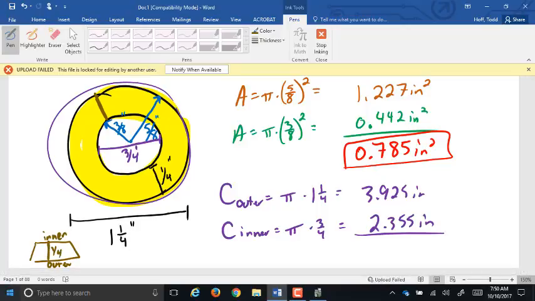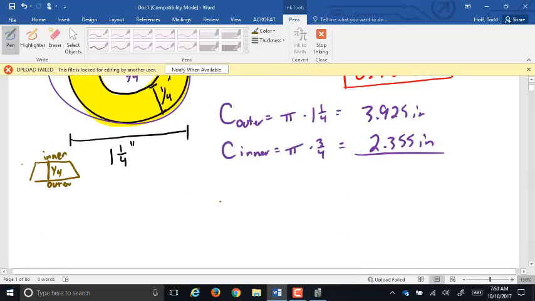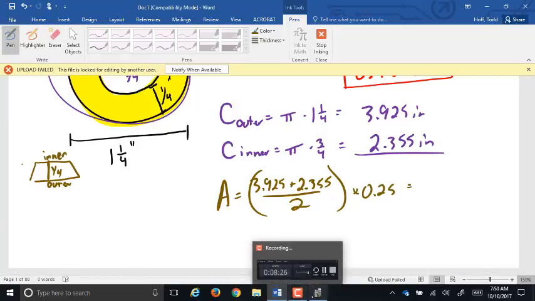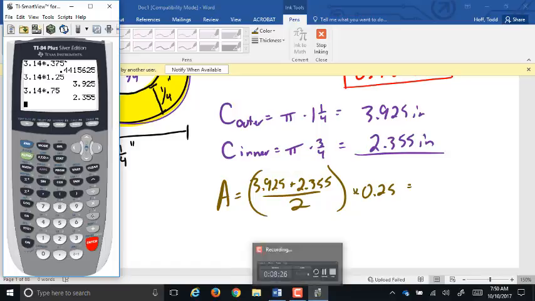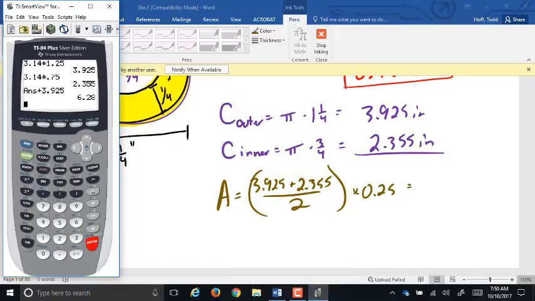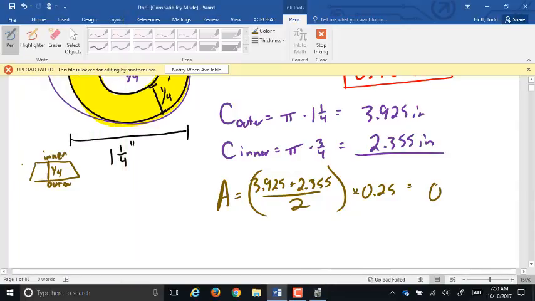So the area of this, 3.925 plus 2.355 over 2 times your 0.25. So plus 3.925 divided by 2 times 0.785. I get the same answer.